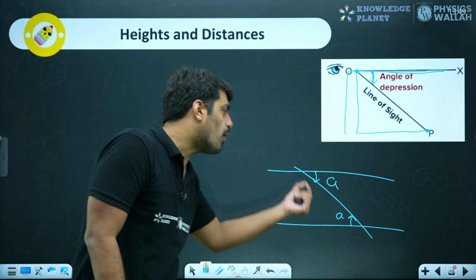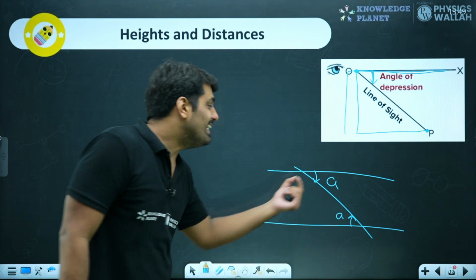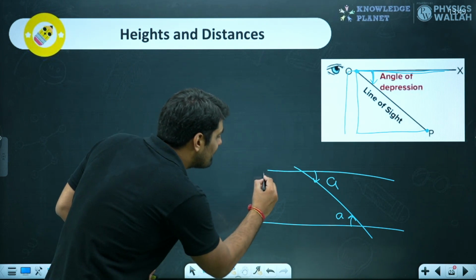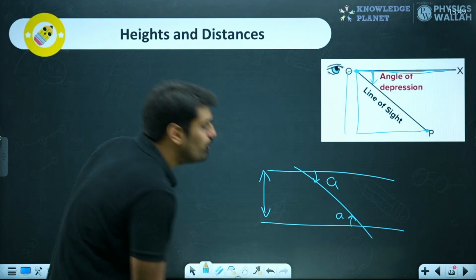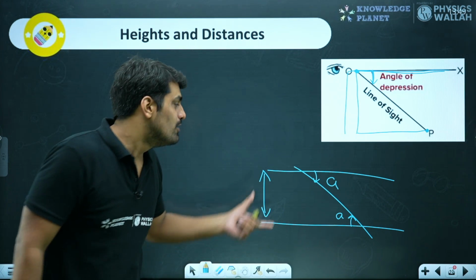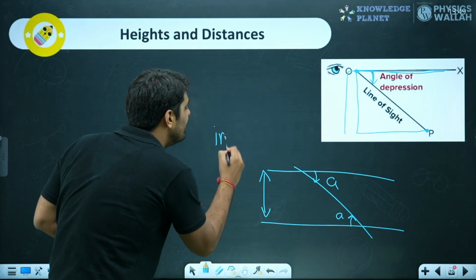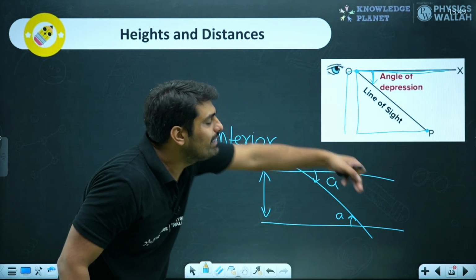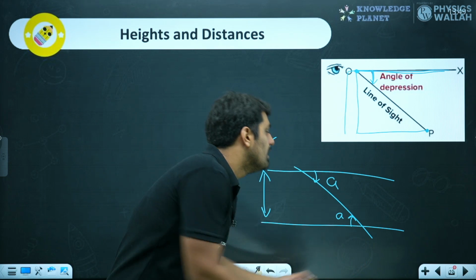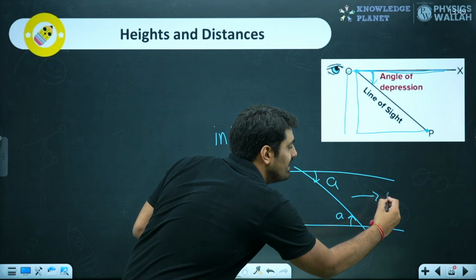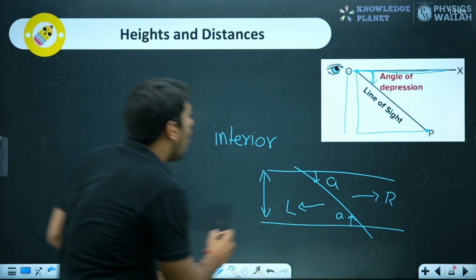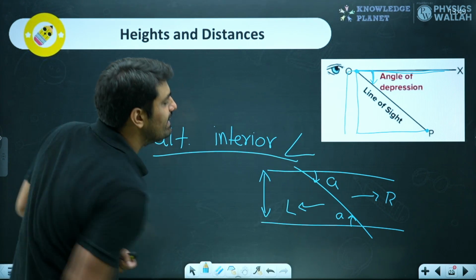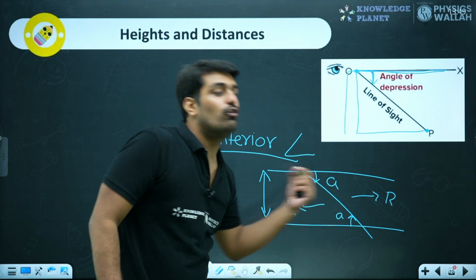These are alternate interior angles. Basically, both angles lie between the two parallel lines, so they are interior. And also they are on the alternate side. If this is the transversal, this is on the right side, and this is on the left side. So alternate interior angles, and hence these two angles would be equal.